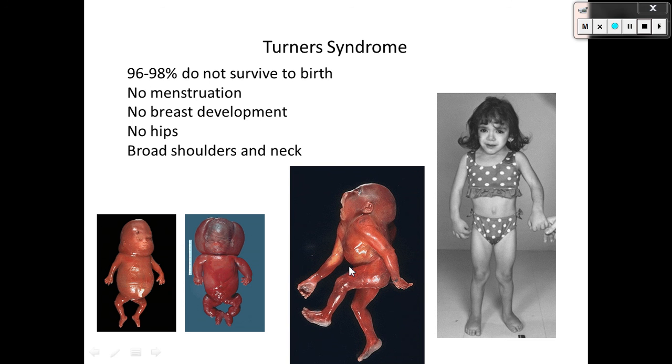So all of these pictures down here that are pretty gruesome are babies that had Turner syndrome that died in utero, while they were a fetus inside the womb, more or less like a stillbirth. This 2% turns out to be very similar to this picture, which has all of the features I told you: no menstruation, no breast development, no hips, broad shoulders and neck, things like that.